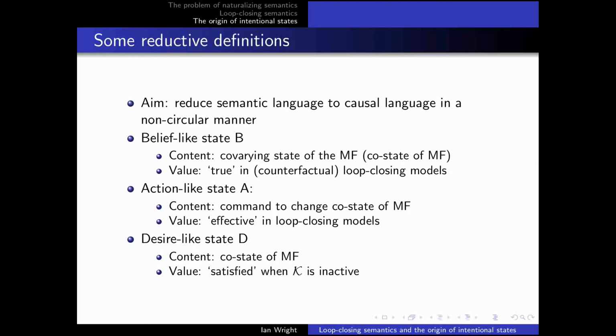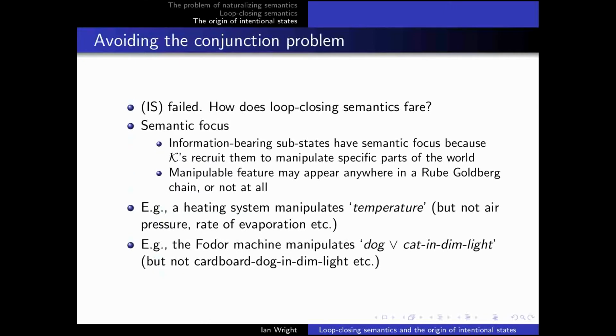Now we know that naive causal theory IS failed. How does loop closing theory fare on the problems we identified at the start of this talk? Loop closing theory explains semantic focus as a consequence of the fact that information-bearing states get recruited by control mechanisms to manipulate specific subsets of the world.